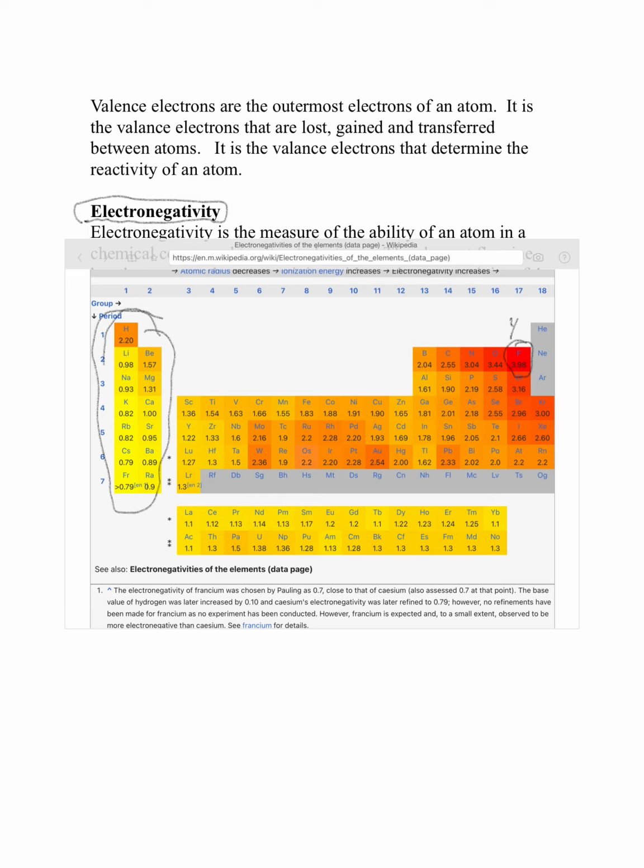So if these metals in groups 1 and 2 bond with, let's say, the halogens in group 17, when a reaction occurs between them, the metals will lose an electron, and that halogen will gain the electron. That's because there is such a great difference between the electronegativities of those atoms.